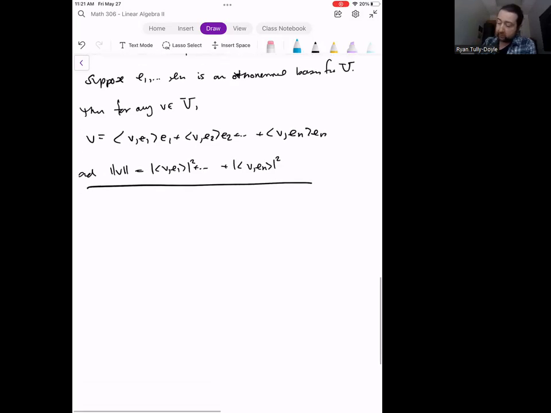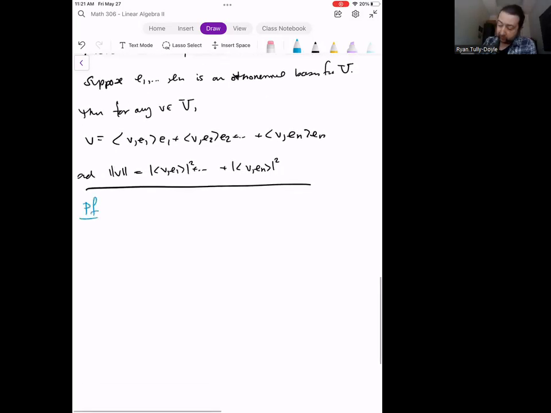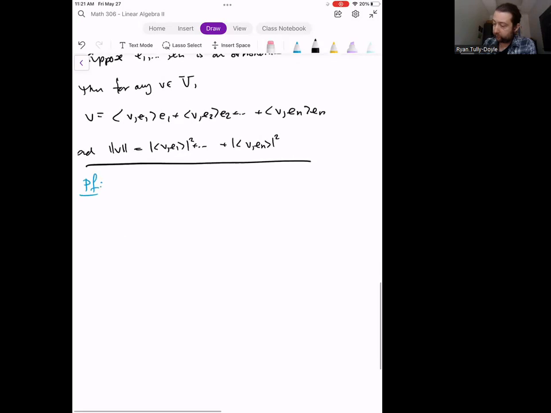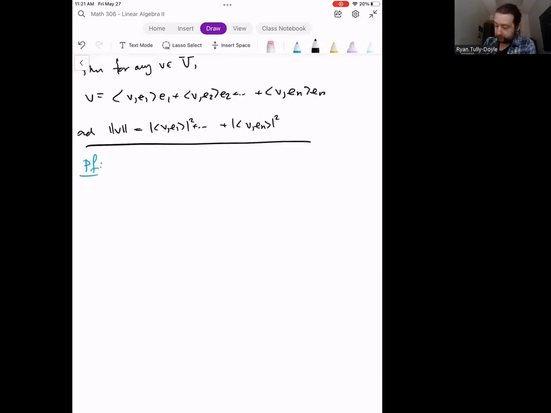All right, so here's how the proof goes. Because E1 up to En is a basis, certainly it's the case that V is equal to A1 E1 plus up to An En. That must be true.